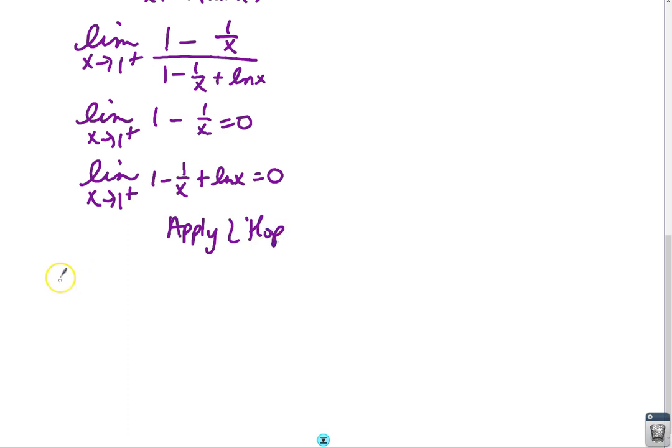So I'm going to have a limit as x approaches 1 from the right of, okay, so the 1 is going to go away now. So then, this is going to be positive 1 over x squared, over, the 1 goes away, 1 over x squared plus 1 over x.